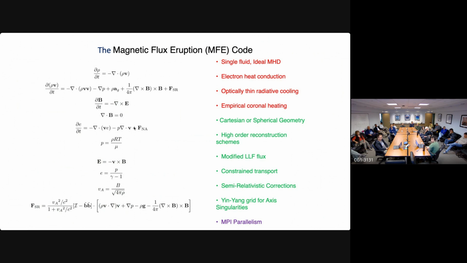Even for other codes using a conservative form for the momentum equations, when putting the equation into spherical coordinates you inevitably get geometric sources that are non-conservative. So by using the yin-yang grid, no code can conserve angular momentum or linear momentum.